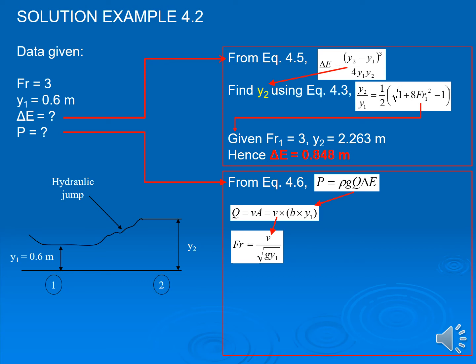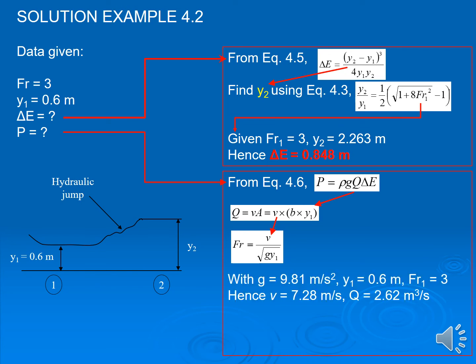The velocity can be found by applying the formula of Froude number. As we already have the Froude number 3 and Y1 0.6, substitute into the equation, then we will have V equal to 7.28 meters per second. And then the Q is 2.62 cubic meters per second.